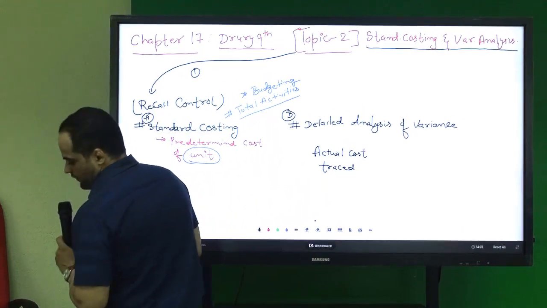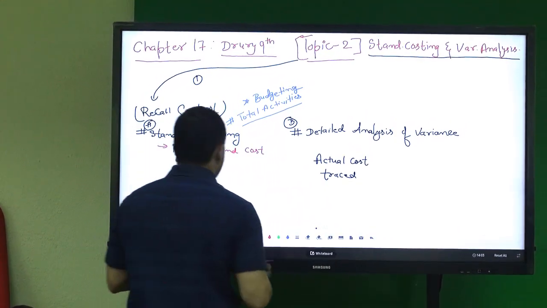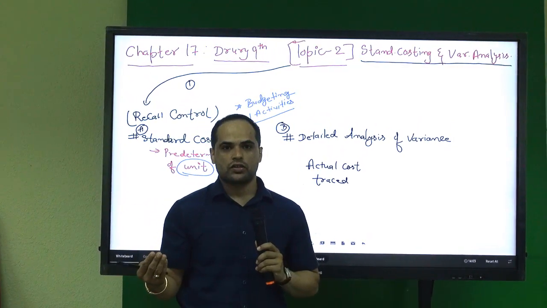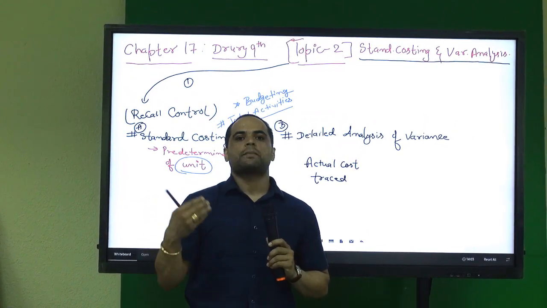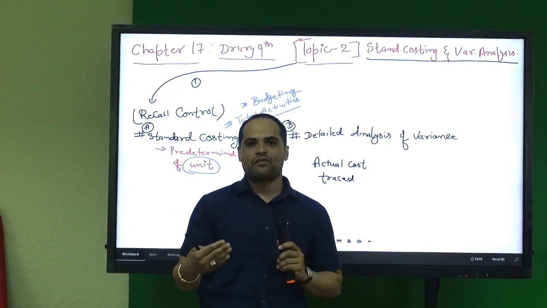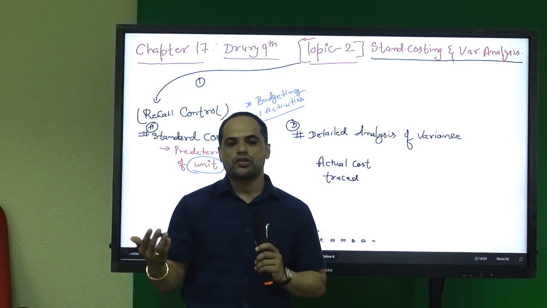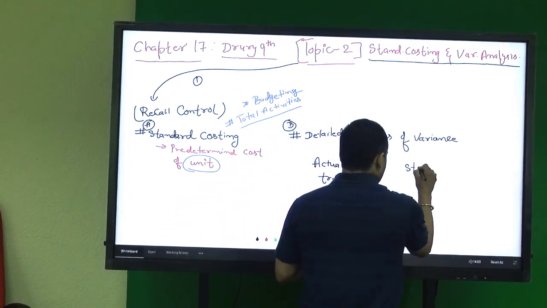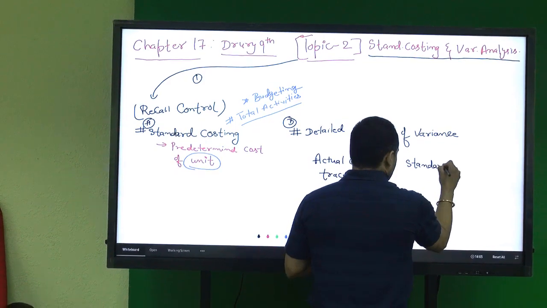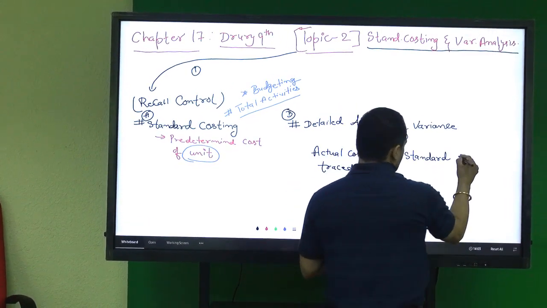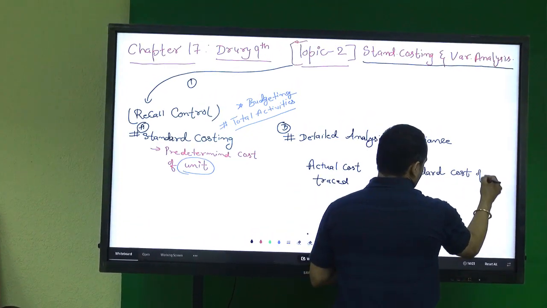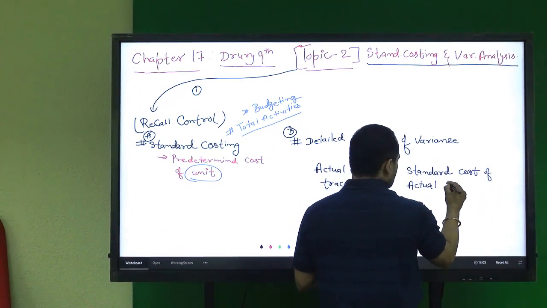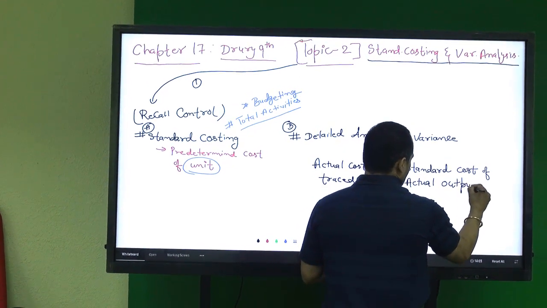And we have the standard cost of actual outputs. This means what the plan was for the results that we actually received.